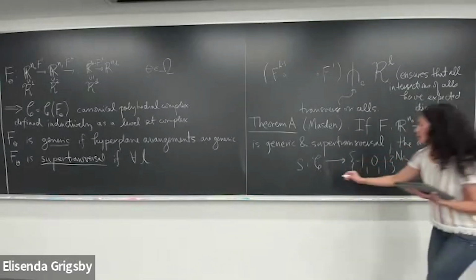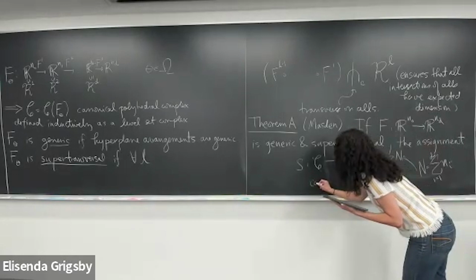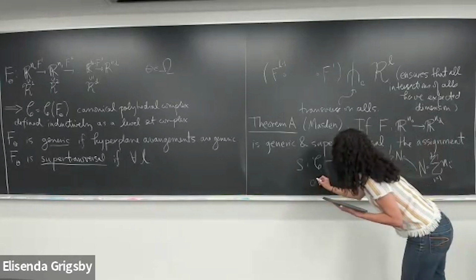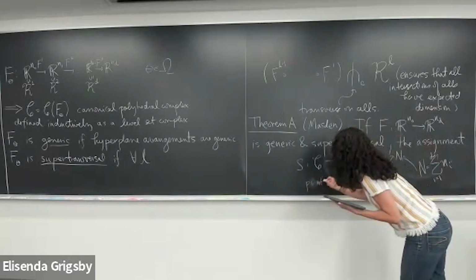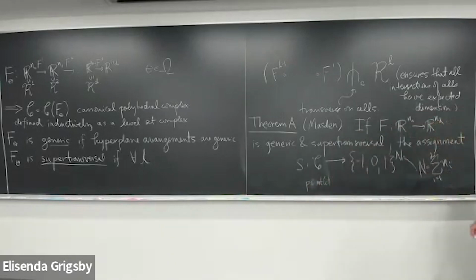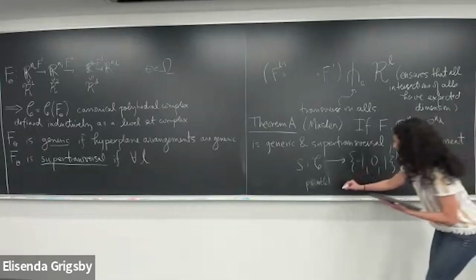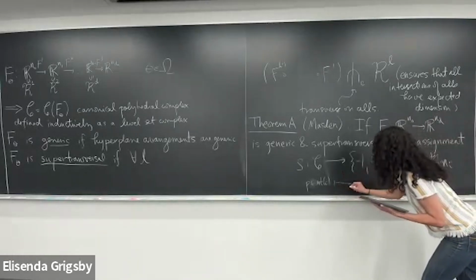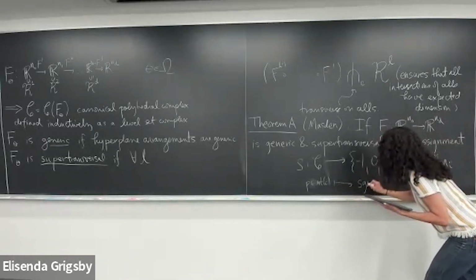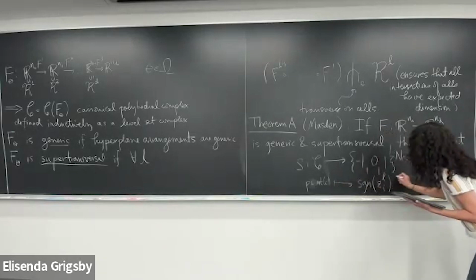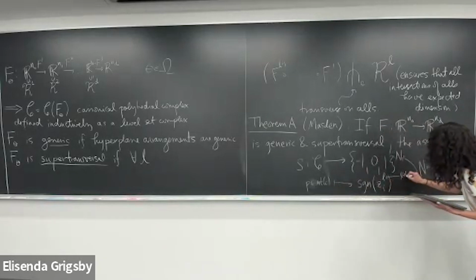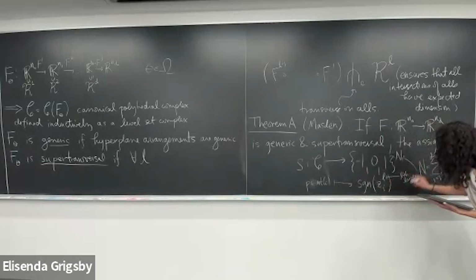So for each cell C, you take a point P in the interior of C, and you assign the pre-activation sign. We have this notation: this is the alpha layer, and this is the ith neuron in the alpha layer.